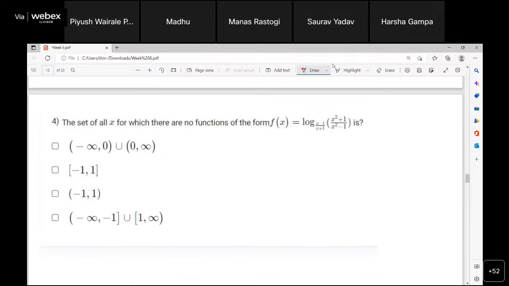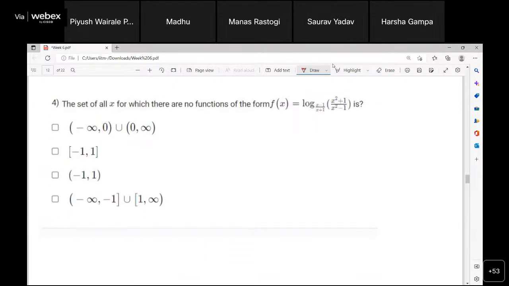Okay, so now this is the question. The set of all x for which there are no functions of the form f of x. So you have to find out the value or range for which this will not exist, the range for which no function of the form will exist.